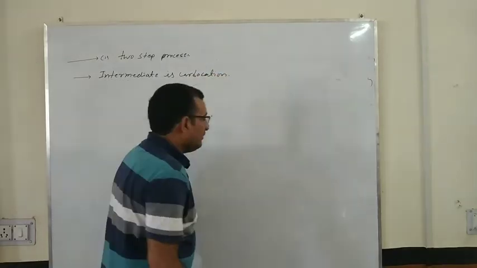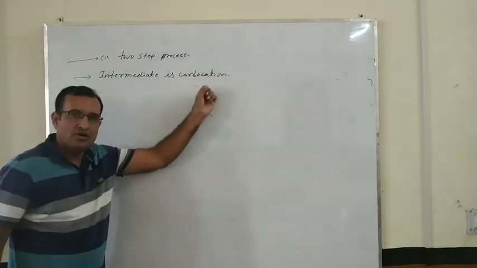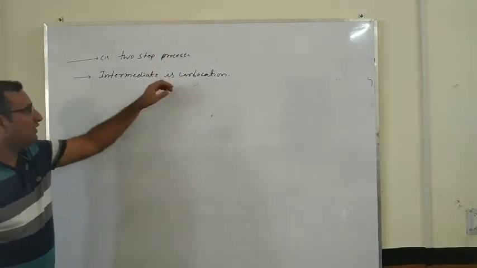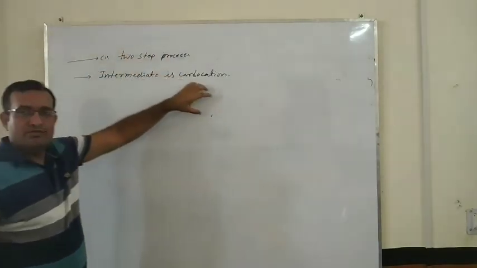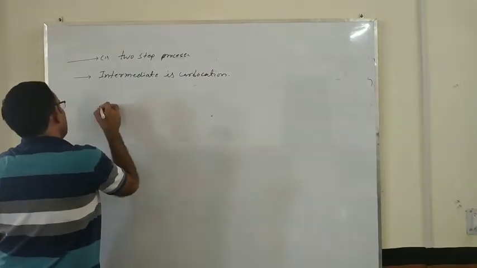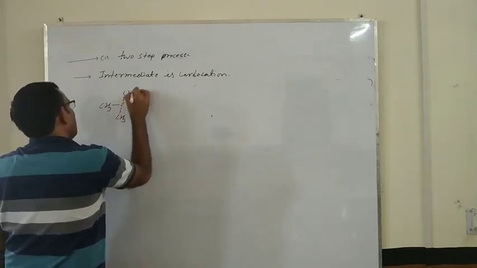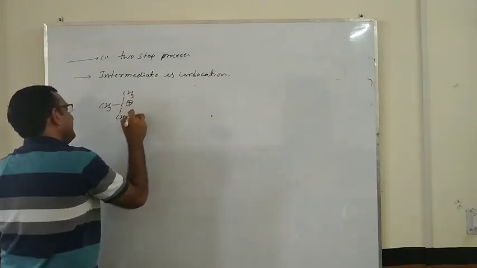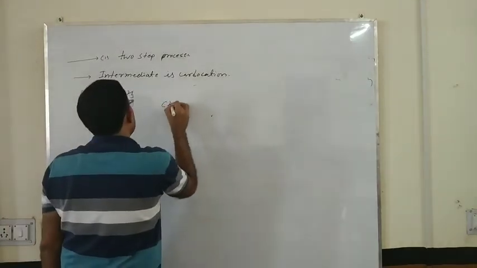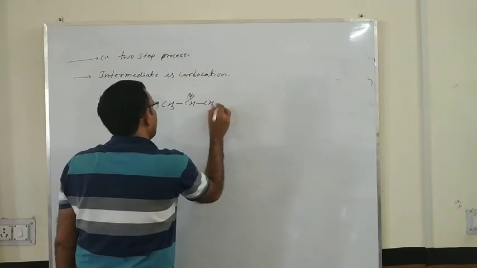So, the reactivity of the reaction also depends on the stability of the carbocation. The more stable the carbocation, the faster the SN1 reaction will be. So, we say that tertiary carbocation is more stable as compared to secondary and primary carbocation. This is secondary carbocation, 2-degree carbocation.